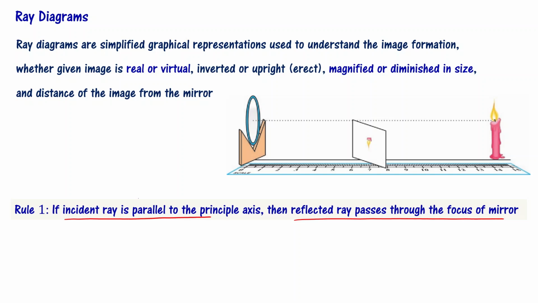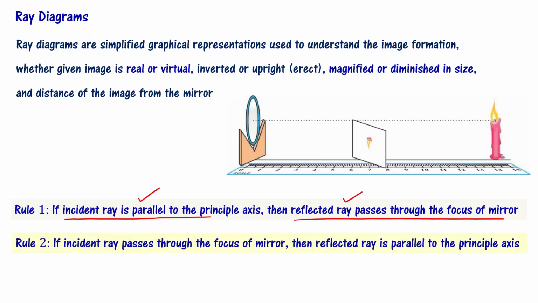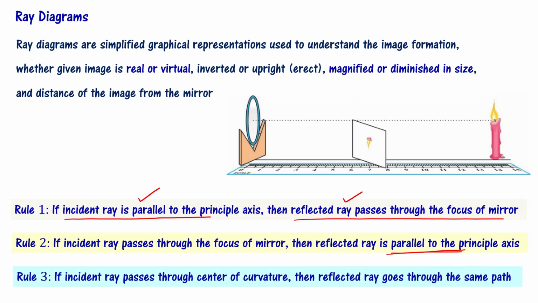If incident ray is parallel to the principal axis, then the reflected ray is going to pass through the focus of the mirror. Rule number 2, if the incident ray passes through the focus of mirror, then the reflected ray is going to be parallel to the principal axis. Understood? The third one is, if incident ray passes through the center of curvature, then the reflected ray goes through the same path but in opposite direction.